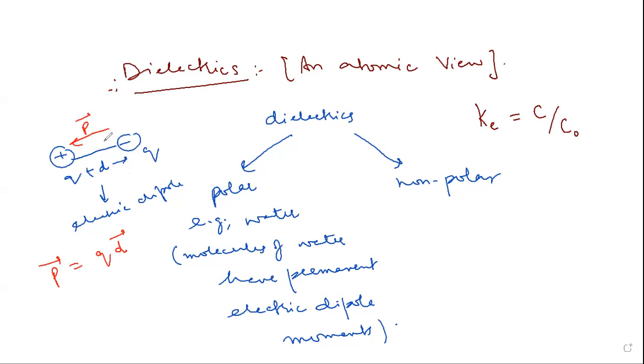So we define this separation between the charges as a vector d. So the electric dipole moment becomes q times d. This is the definition.